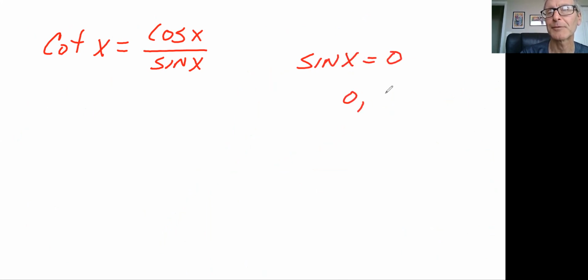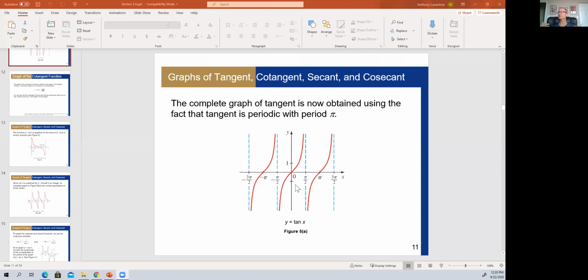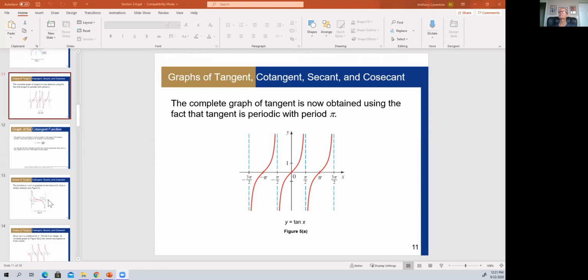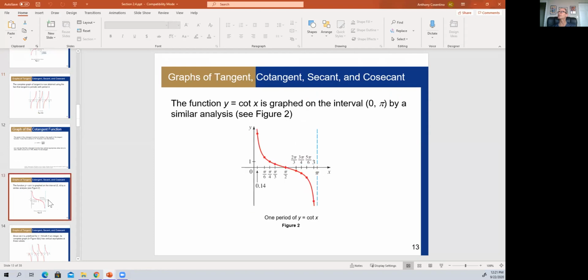So that would be 0, pi, minus pi, etc. And so if you took a look, excuse me, at the cotangent function, it would look something like this. So you can see it's, oops, that's the tangent. There we go.